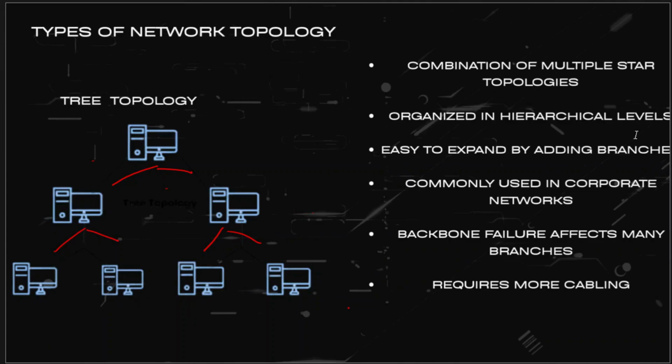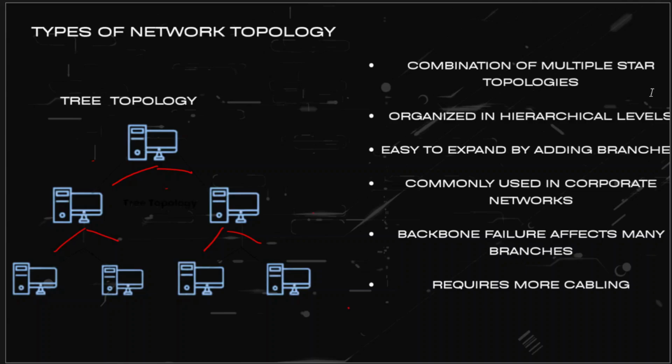Now let's go big. Tree topology is a combination of star and bus. It's hierarchical. You have a main backbone cable, and from that trunk, several star networks branch out. For a real life example, the main fiber line connecting all buildings, the branches are each building like a library.